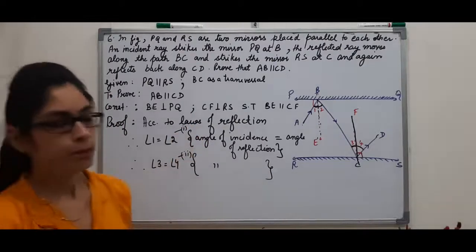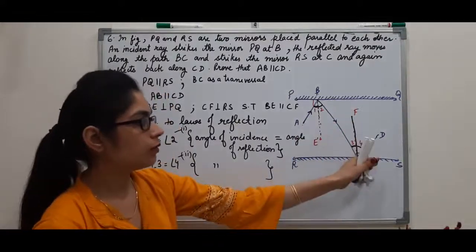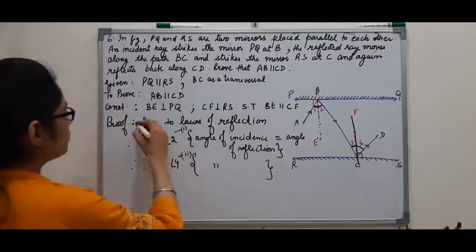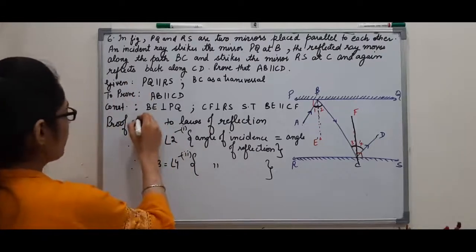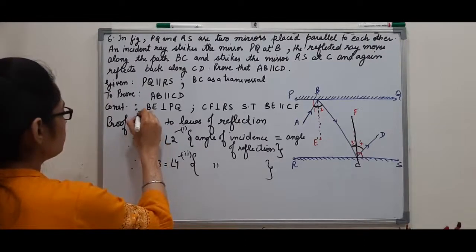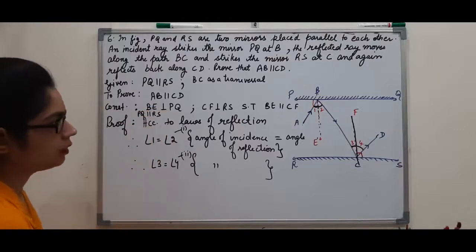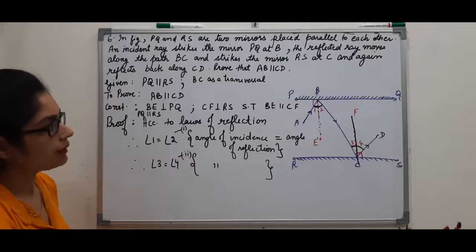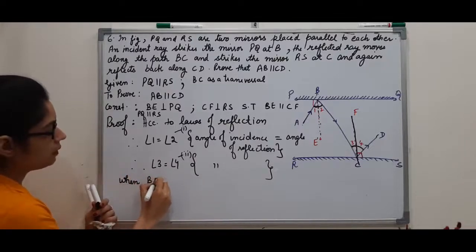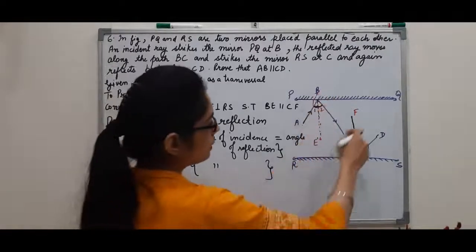So from here we come to know that angle 1 is equal to angle 2 and angle 3 is equal to angle 4. Now we were taking these two parallel lines, PQ and RS, so we can also mention PQ parallel to RS. Here we can add this step. Now we will take these two lines, BE parallel to CF.